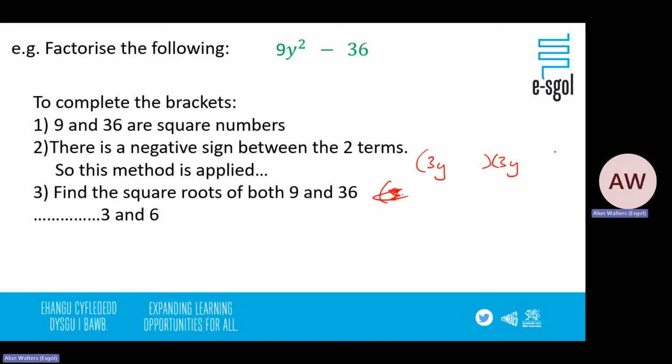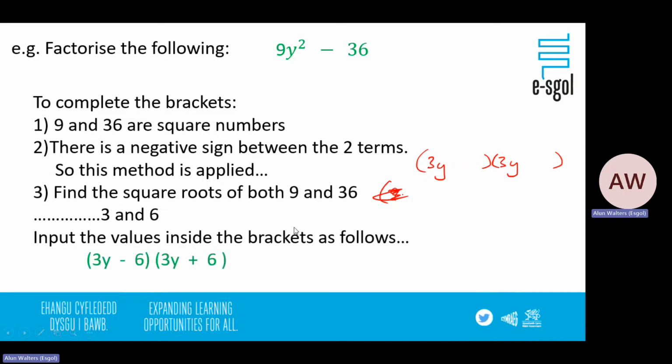We put it at the beginning of each bracket, and the square root of 36 is 6, so you put a plus 6 and a minus 6, as I've done here. Okay, and that would get you 2 marks. Okay, so pause the screen if you want to look at it in more detail. I'm going to go ahead and show you questions.